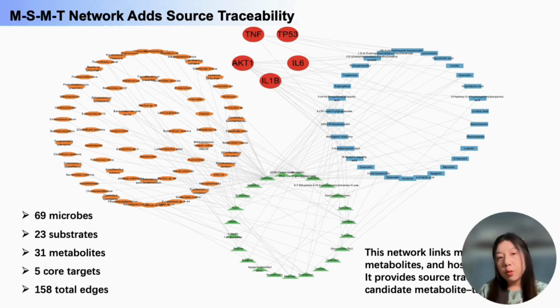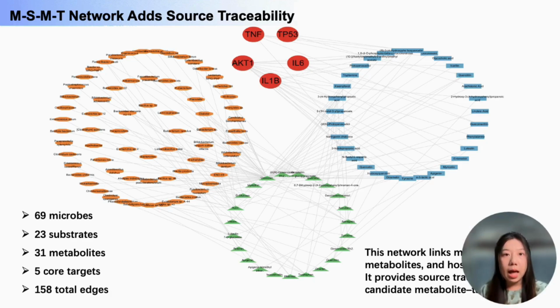In many computational studies, we can see a compound-target relation, but the upstream microbiome context is often unclear. Here, we linked microbes, substrates, metabolites, and host targets in one network. This helped us make the candidate axes easier to interpret.